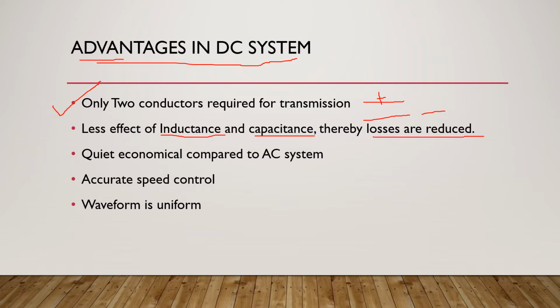It is also quite economical when compared with an AC system. You can easily achieve speed control by using a DC system rather than an AC system. And the waveform is also a uniform waveform here.